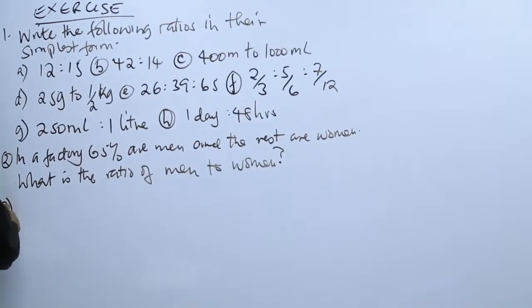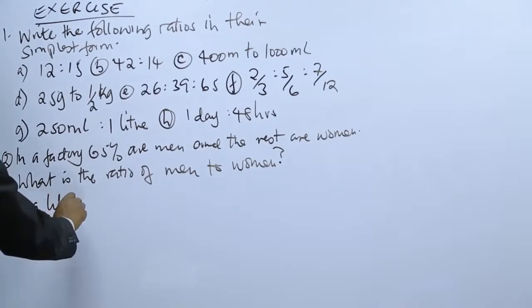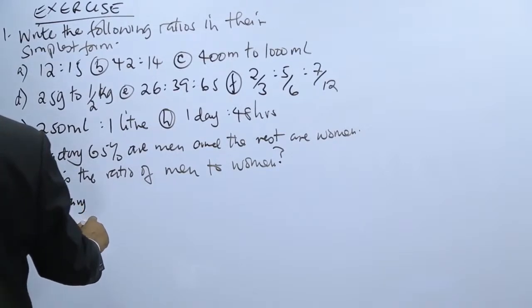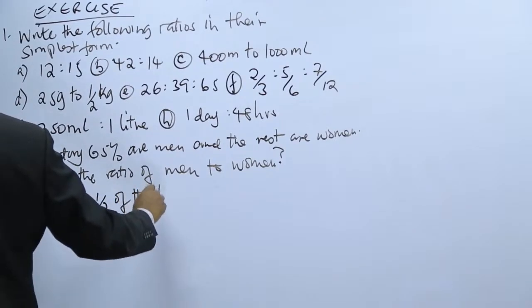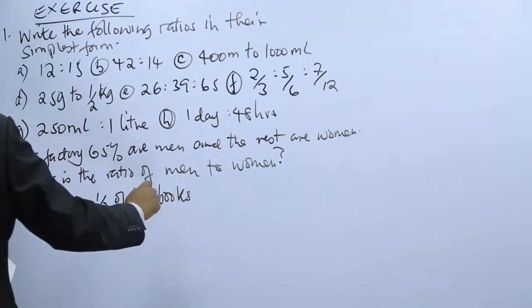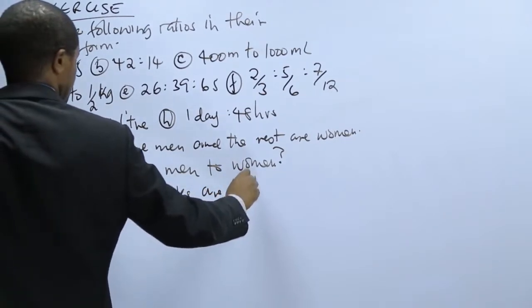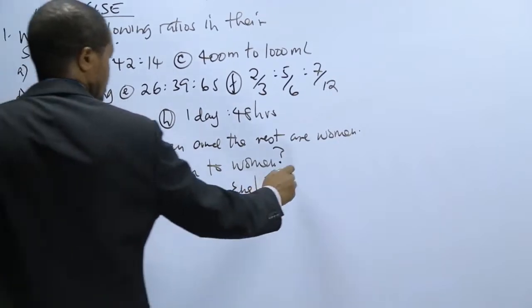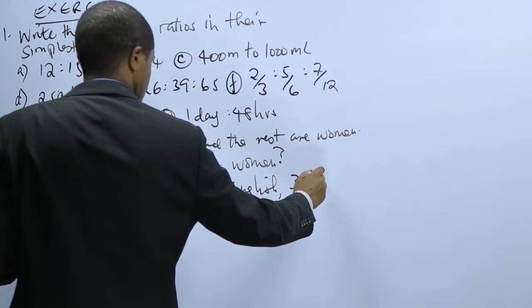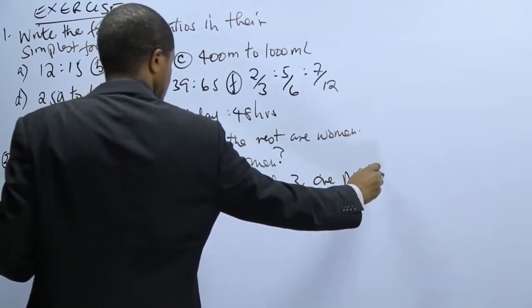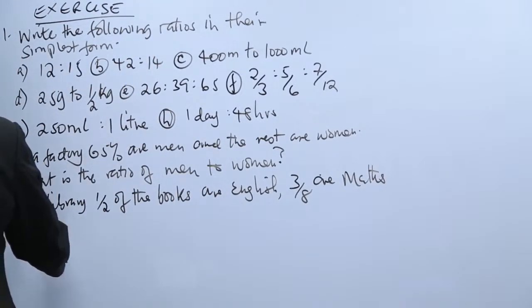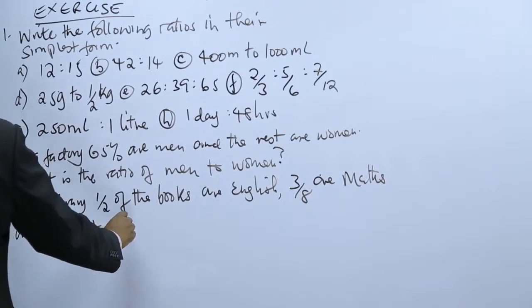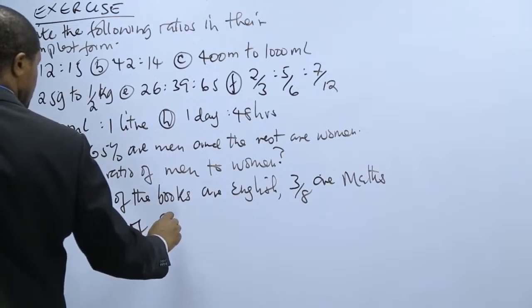Then lastly, just 3 assignments. In a library, a half of the books are English, 3/8 are mathematics, and the rest are science.